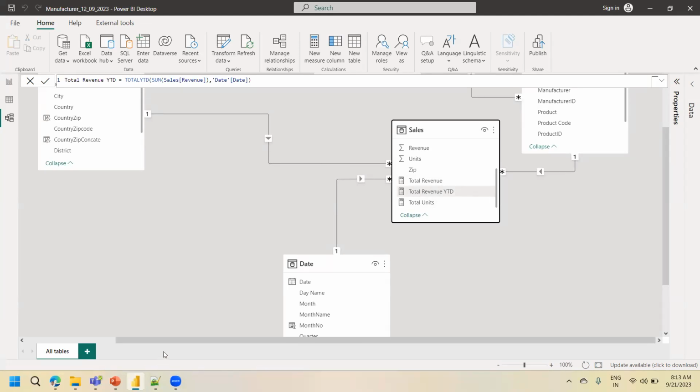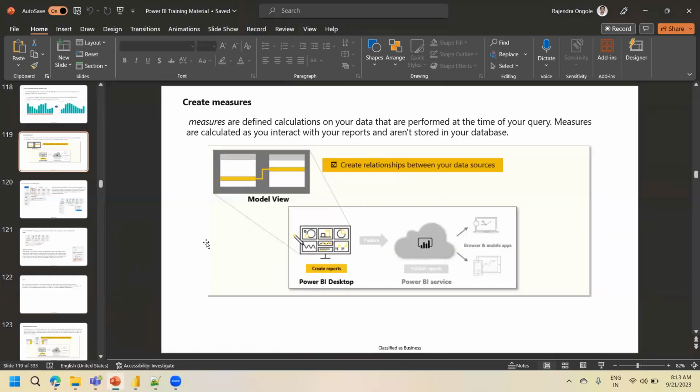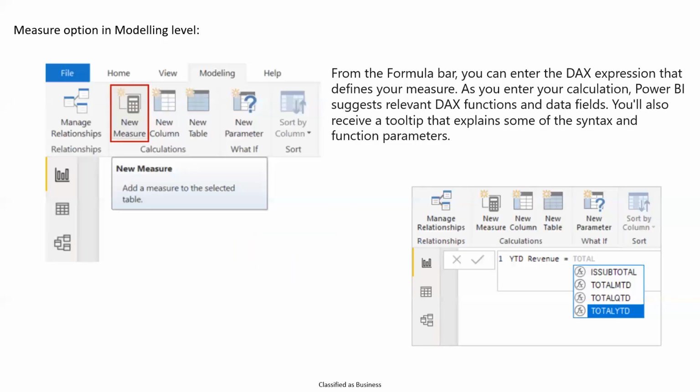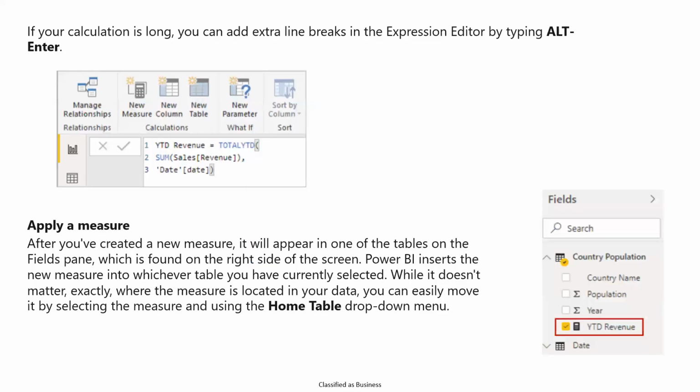You cannot bring any relationship with the help of measures. Okay, please remember, important. Fine. So just now I had derived one of the DAX functions, total YTD, year-to-date revenue, by using total YTD, year-to-date value. Year-to-date is the DAX function. Okay, time intelligence function. Okay.